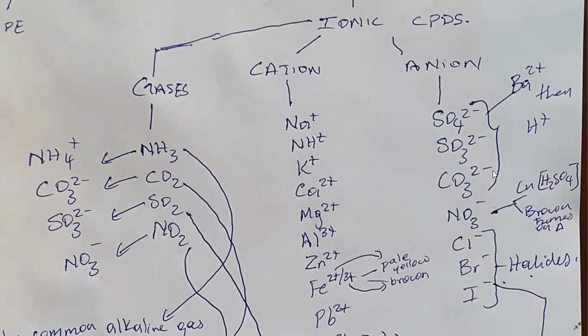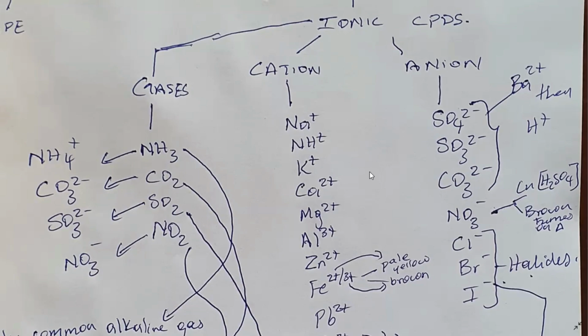Let's look at these first three up here first, because we can use one or two reactions to identify them. Basically, you're going to react the solution with barium 2+ ions. The barium 2+ ions generally come from barium nitrate or barium chloride, because those two salts are soluble in water, so they would provide barium ions.